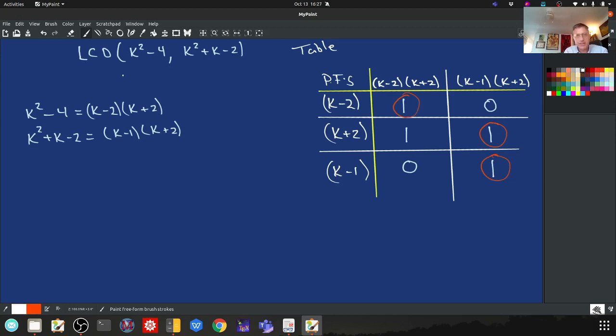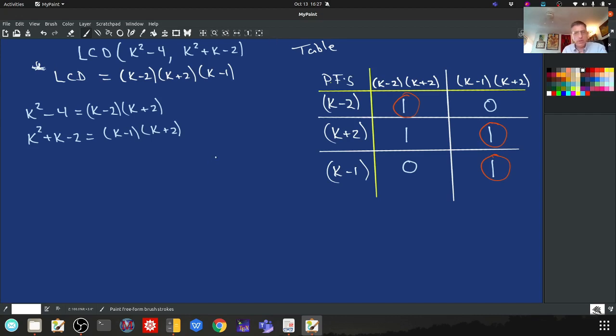So the LCD is equal to, remembering I'm doing my prime factors, k minus 2 raised to the first power, k plus 2 raised to the first power, k minus 1. So that's my LCD. That's going to be important.